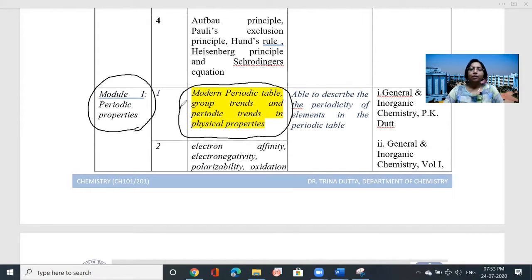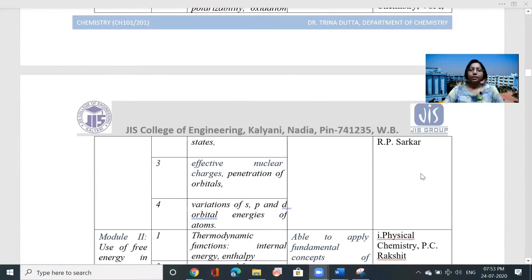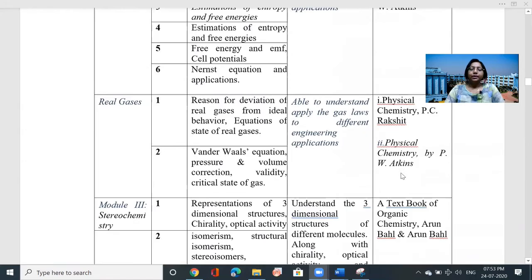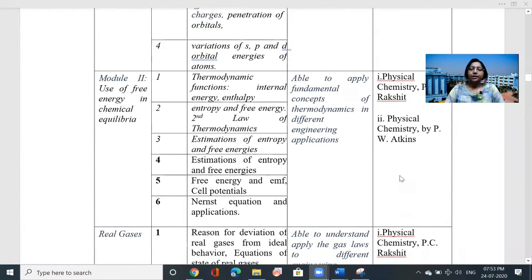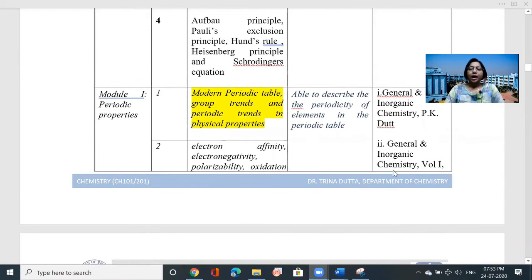This is our topic. The lesson plan and books are given here, and you can avail the books from the library.